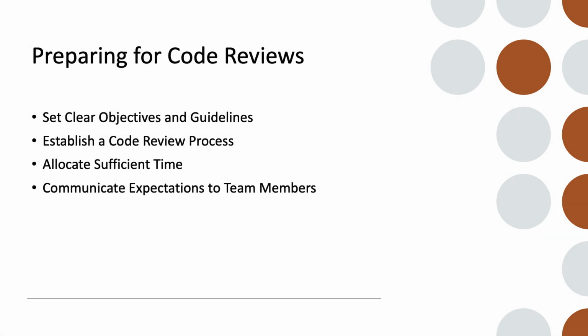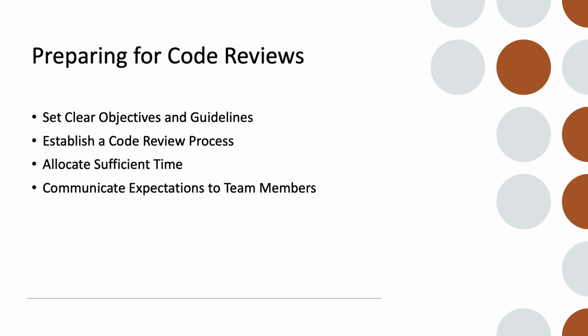Okay, so effective code reviews begin with proper preparation and planning. It is essential for teams to establish clear objectives and guidelines for the code review process, outlining what aspects of the code will be evaluated and what criteria will be used to assess its quality. This may include considerations such as code readability, performance, security, and adherence to coding standards.